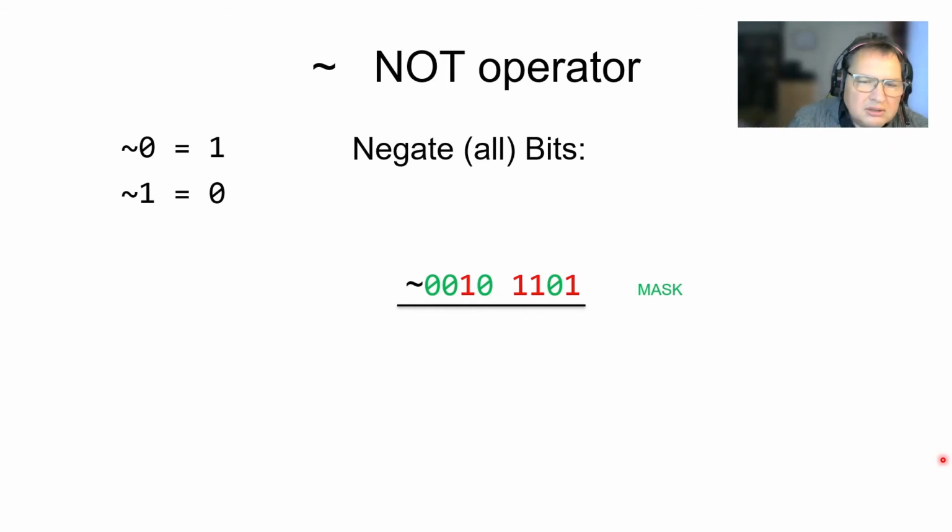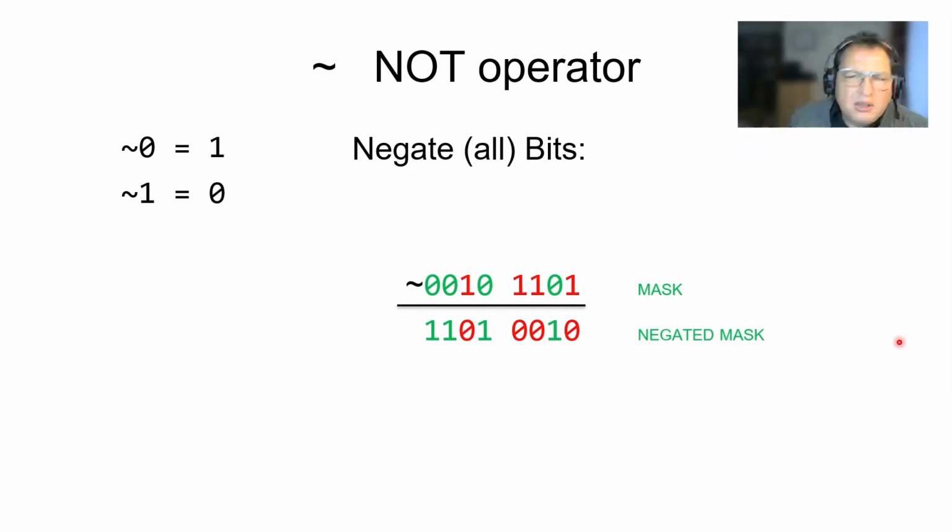So we can now write our usual mask, putting 1 in interesting bit positions and zeros everywhere else, and then apply the not operator on this mask. And this creates the negated mask.